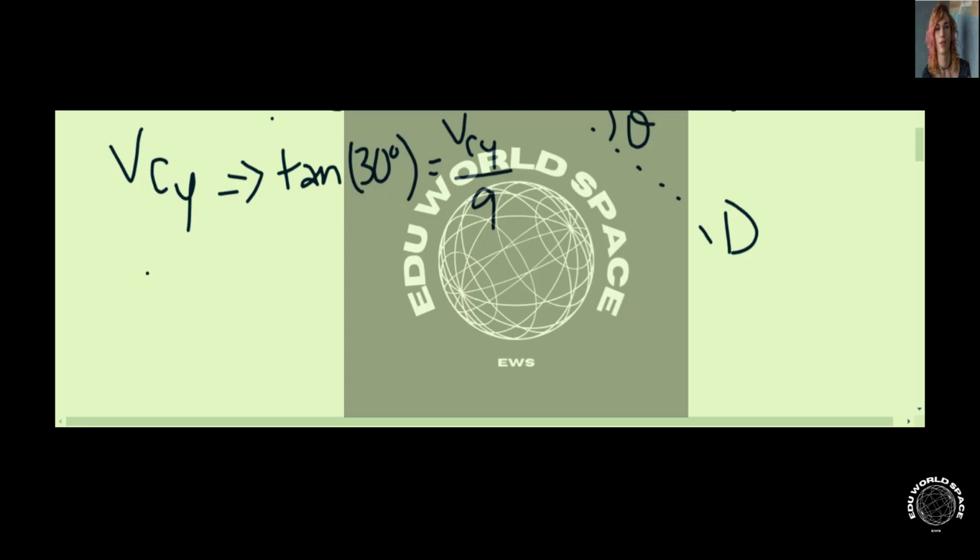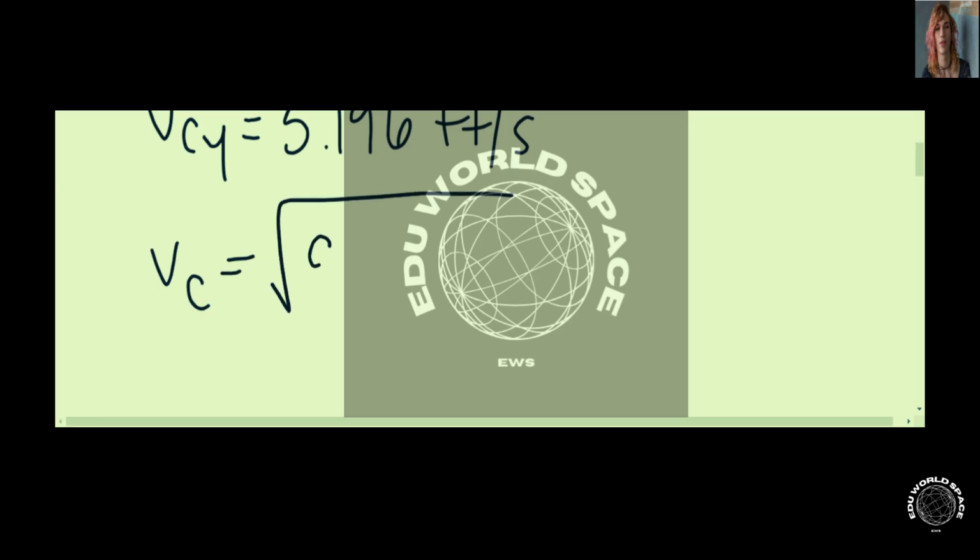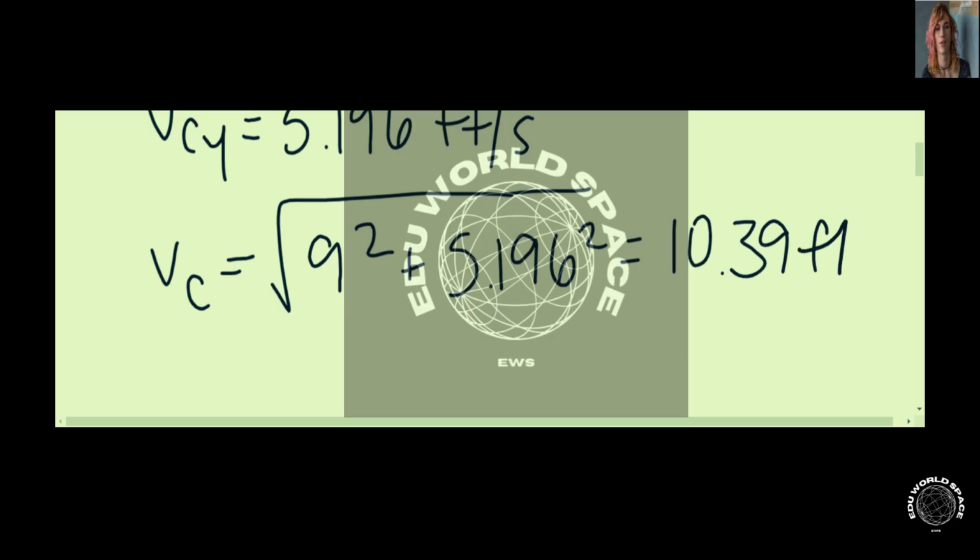And now VCY, let's keep it to be 5.196 feet per second. Now to find the total velocity, we can use the Pythagorean theorem, which gives us about 10.39 feet per second.